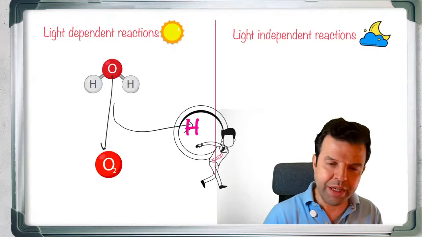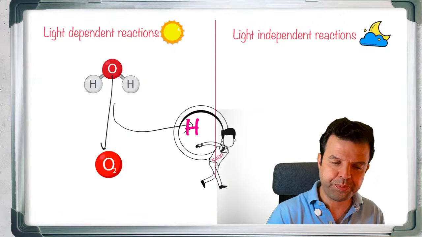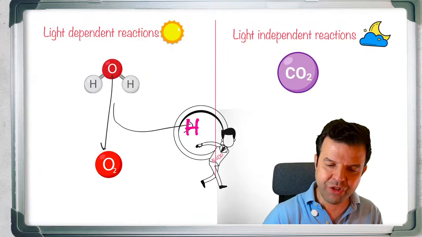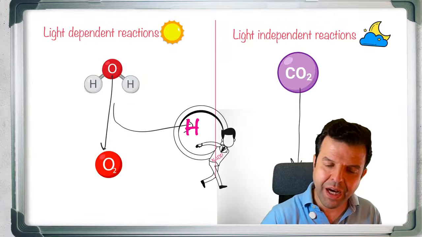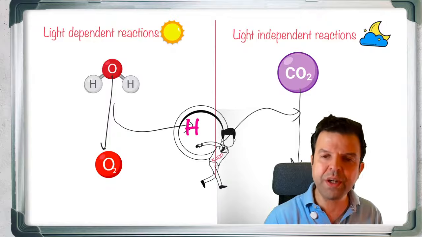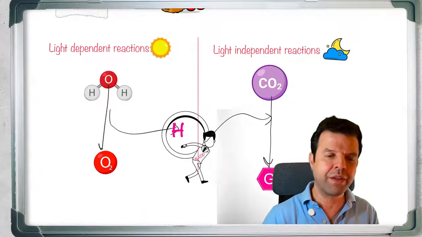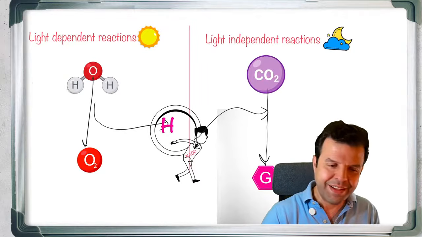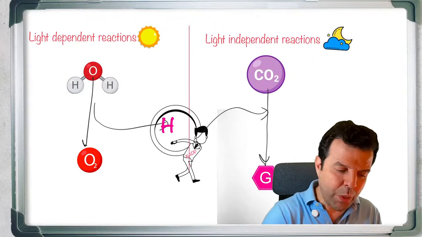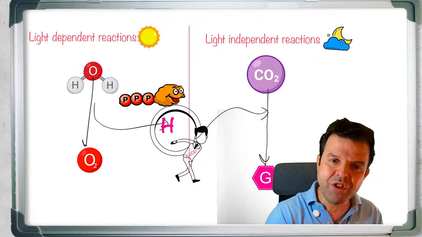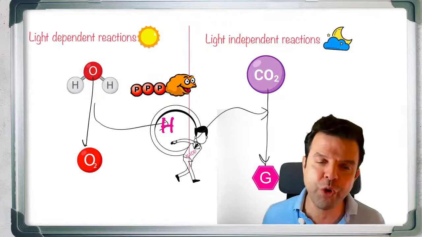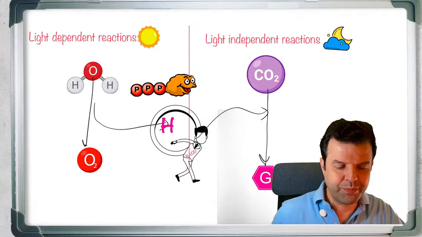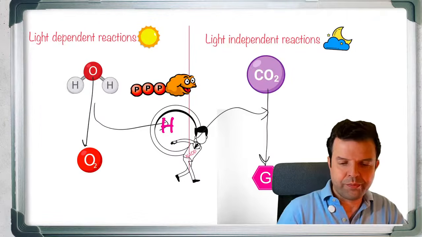We're now taking them to the stroma, where we attach that hydrogen onto the carbon dioxide and we make the glucose. Don't forget that you need ATP. This ATP is generated with light. We call that photophosphorylation. Okay?